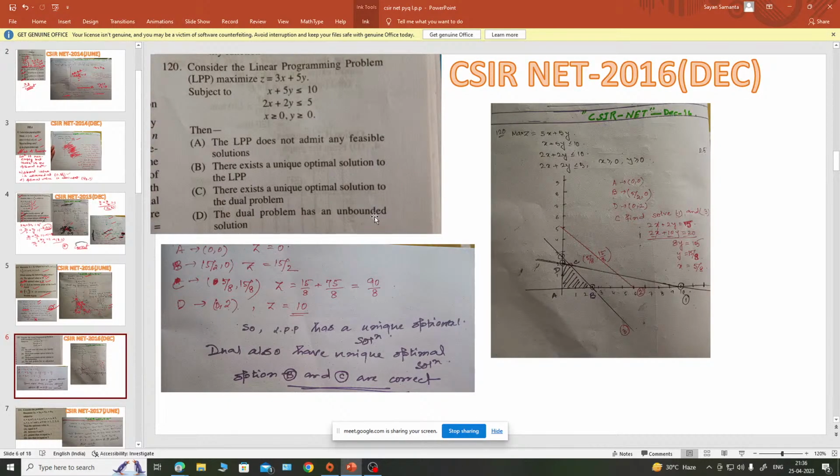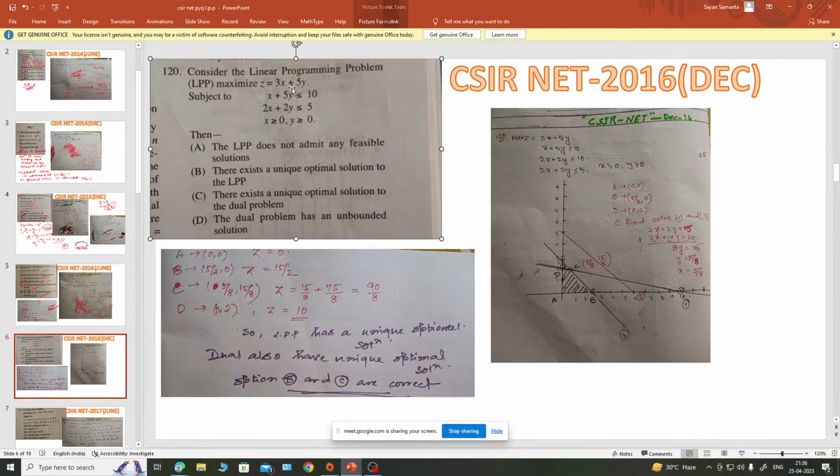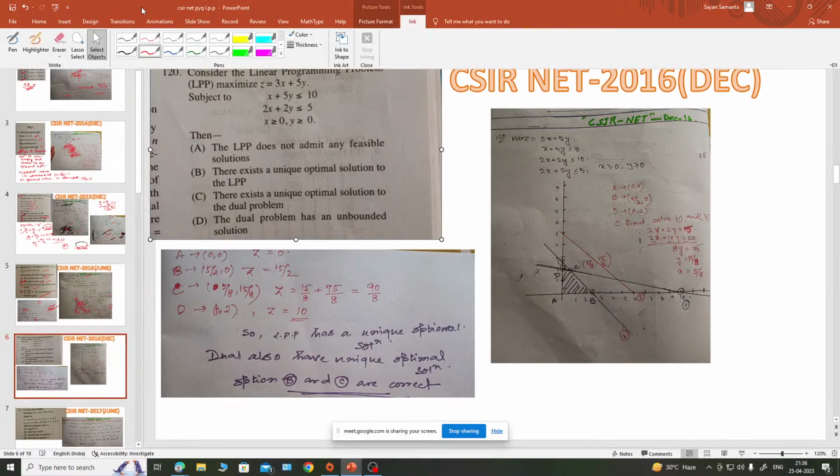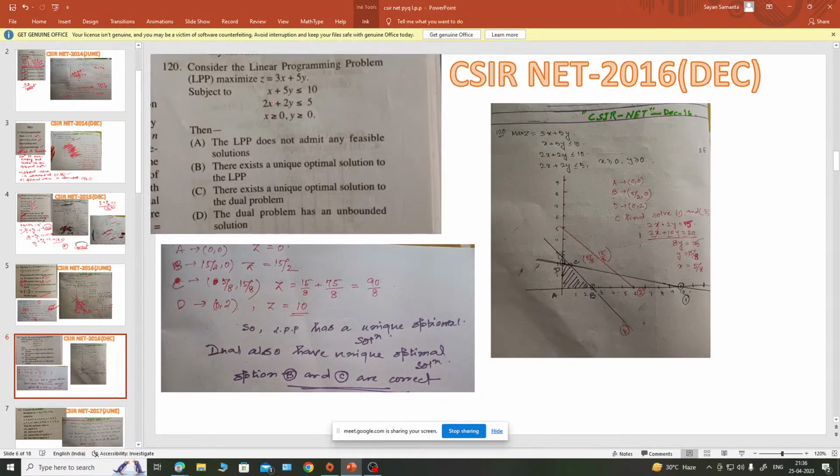This question is based on the CSIR NET December 2016 question. Here the question says: consider the linear programming problem, maximize z equals 3x plus 5y subject to x plus 5y less than or equal to 10, 2x plus 2y less than or equal to 5, and x greater than or equal to 0, y greater than or equal to 0.